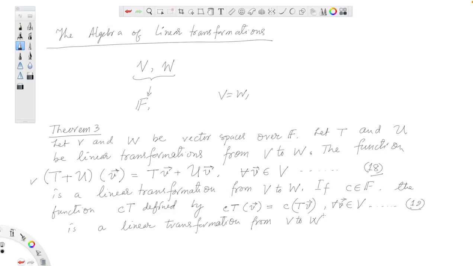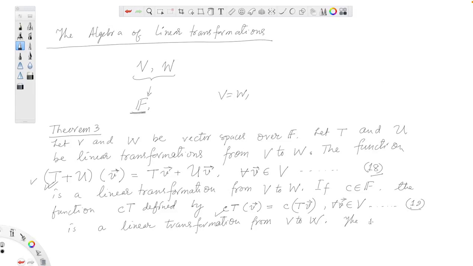Okay, now the set of all linear transformations from V to W equipped with vector addition like this and scalar multiplication like this is a vector space over the same field F. Okay, so let me write it.